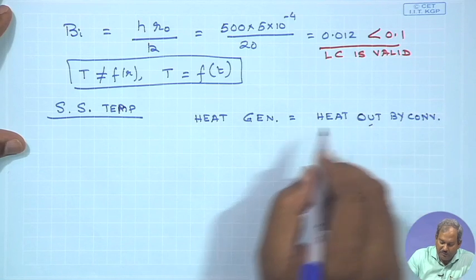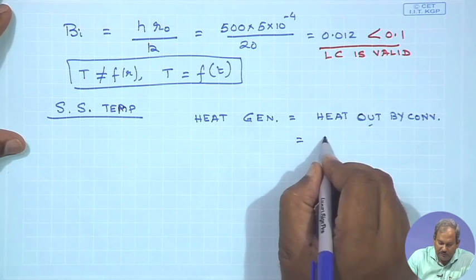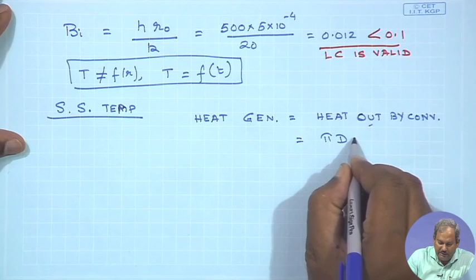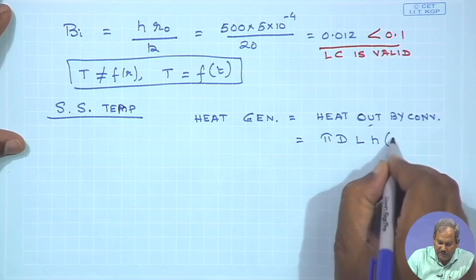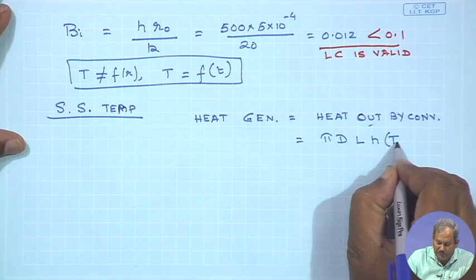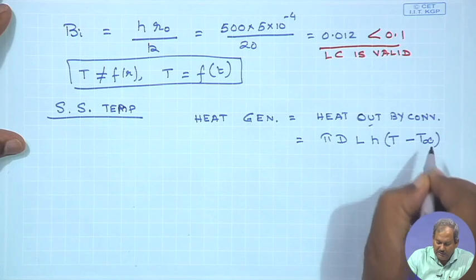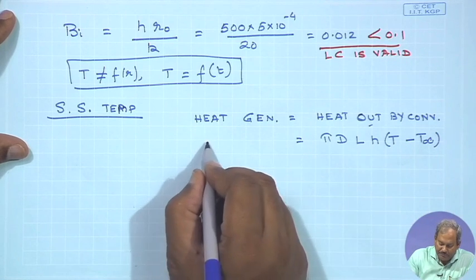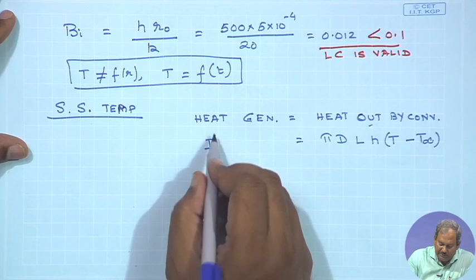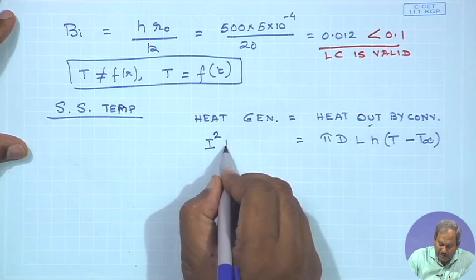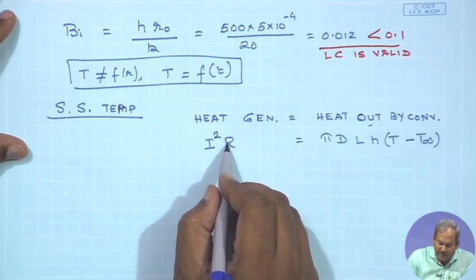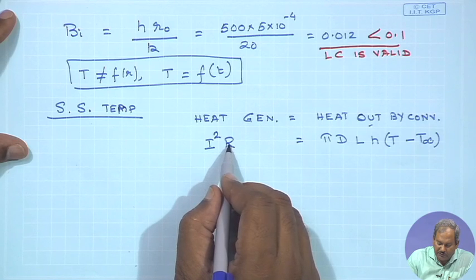So, heat out by convection would simply be pi d L h times T minus T infinity, where T is the temperature of this solid, which is a function of time but not of space, and the amount of heat that is produced is I square R, where R is the resistance of the wire.